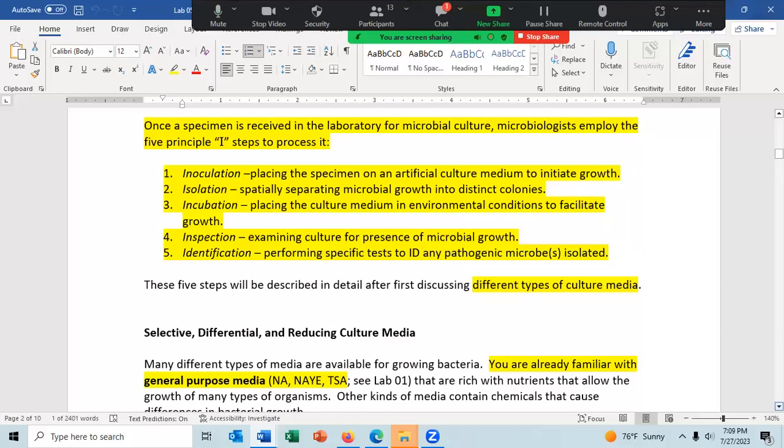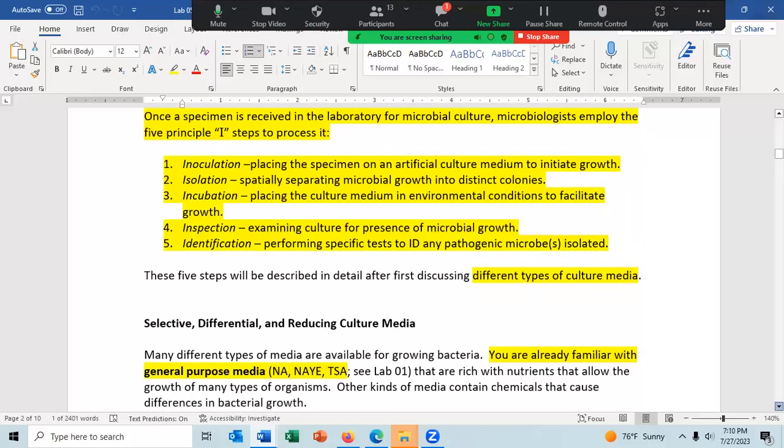And fifth, you identify the microbes. You usually have to perform specific tests to identify any pathogenic microbe that has been isolated. Meaning you can't just look at it and say, yep, that's a pathogen. You have to run some tests. The 5 steps will be described in detail after discussing different types of culture media.